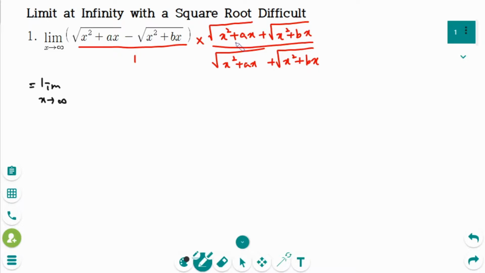A minus b, a plus b form. A part squared minus b part squared.